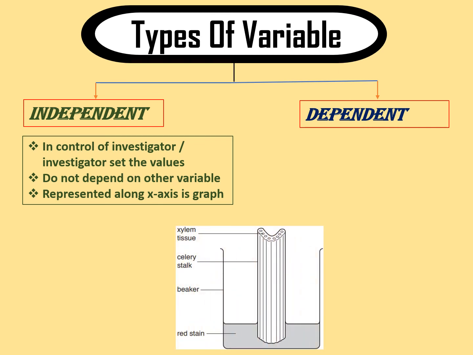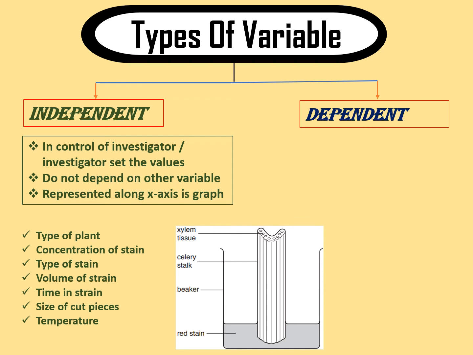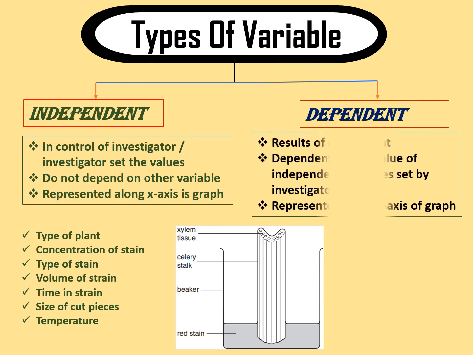For example, in this experiment, we have the type of plant, the concentration of the stain, the type of stain, the volume of the stain, the size of cut pieces, and the temperature, while the dependent variables include the result of the experiment.